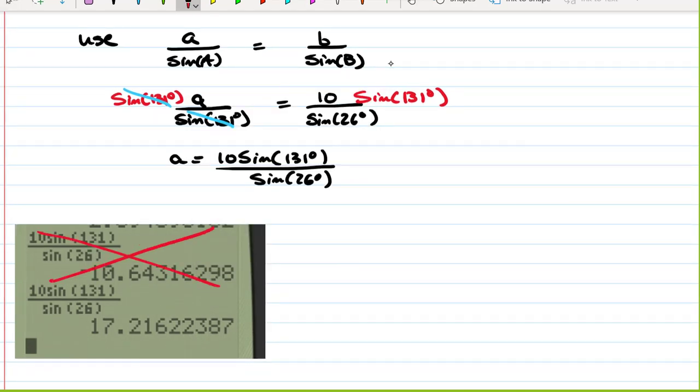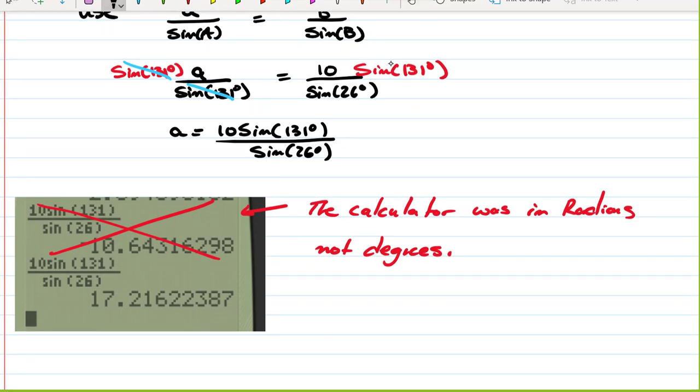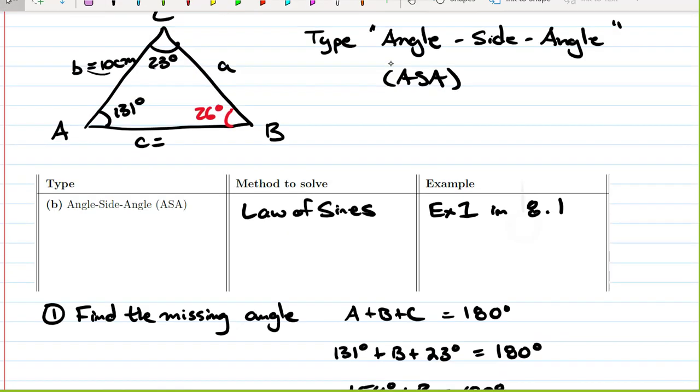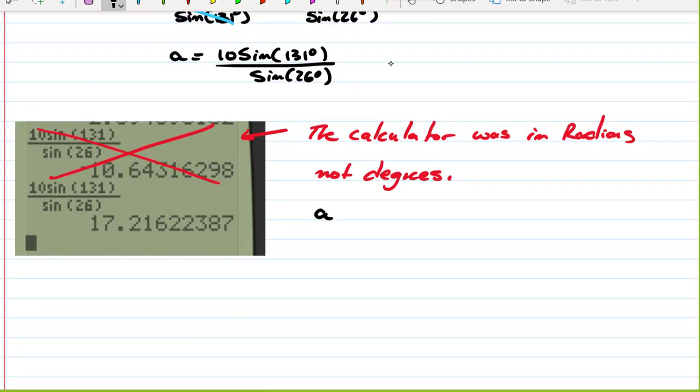The previous answer was incorrect because the calculator was in radians. So finally, we get that A, rounding to the nearest tenth, so one decimal place, is 17.2 centimeters.